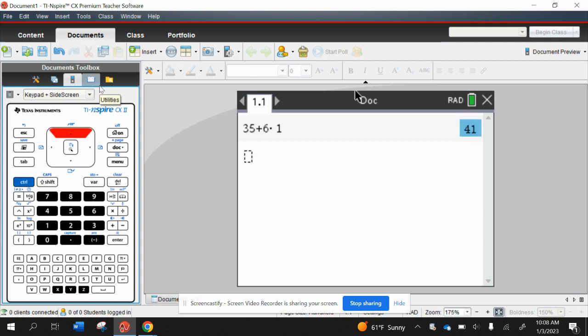We can actually highlight, enter, change the 1 to a 2, and our next value is 47. Again, we're going to highlight, enter, change the next value to 3. And then we're going to highlight, enter, change the last value to 4.